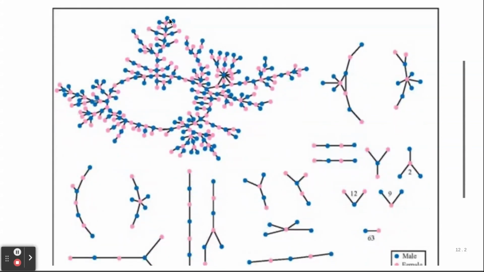You'll see here that there is a large section of the graph where there are many interconnected components. For one example, this blue node is connected to 1, 2, 3, 4, 5, 6, 7, 8, 9 pink nodes. So this particular student, I'm assuming he's male, given the legend down here, was connected to 9 female students over this 18-month period.